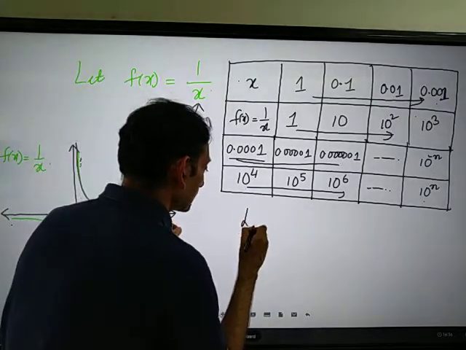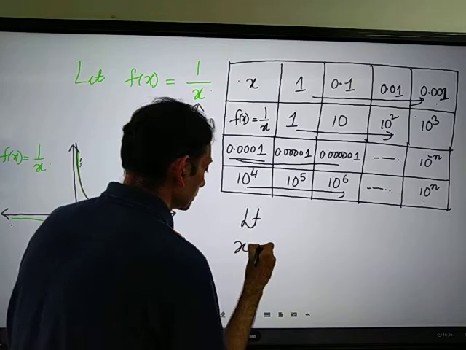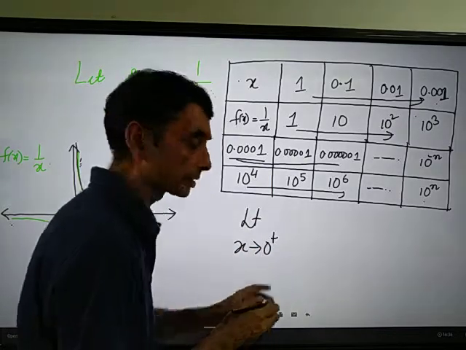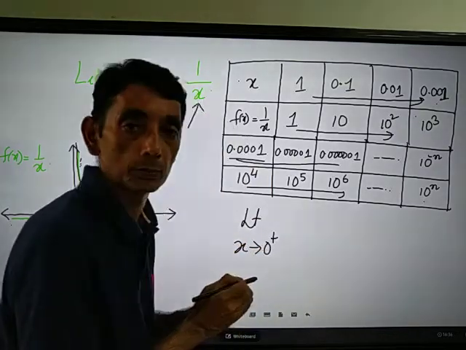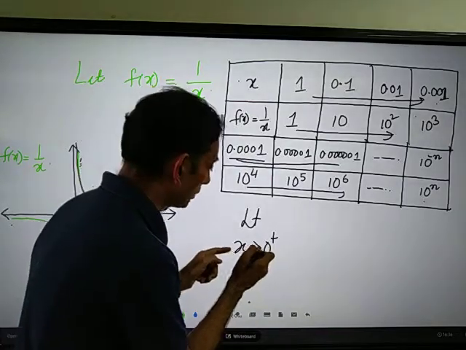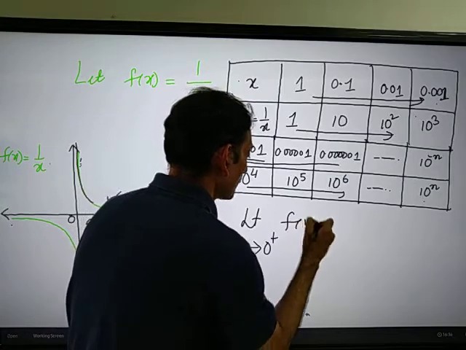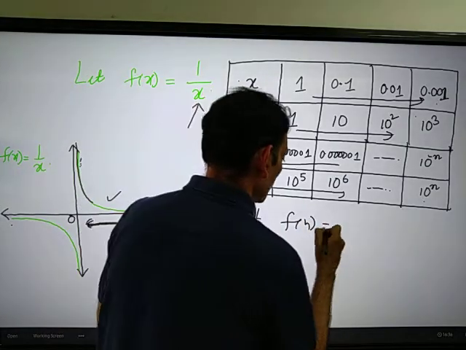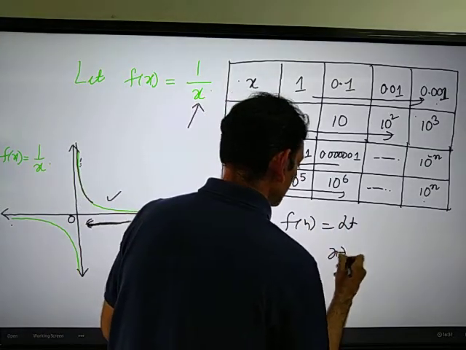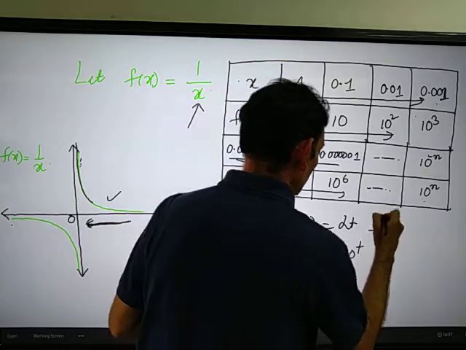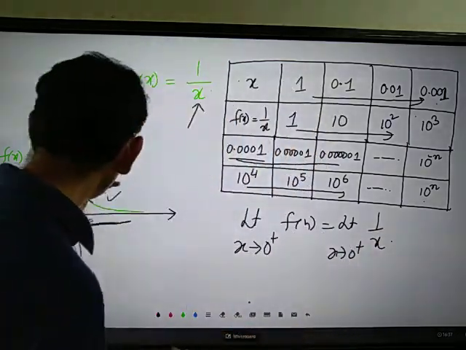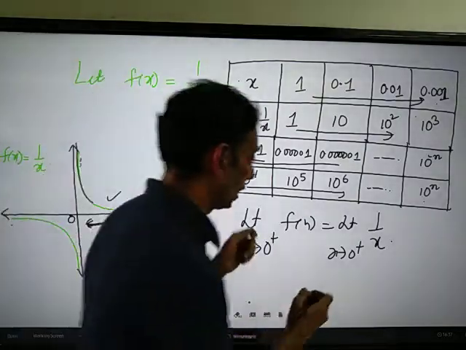So how to write this? Limit x approaches 0 plus, that means when we are approaching 0 from the right hand side, then this f(x) value, that is limit x tends to 0 plus of 1 by x, will be very large.